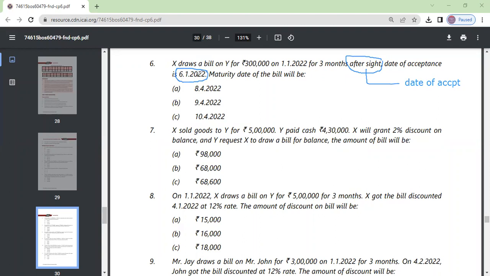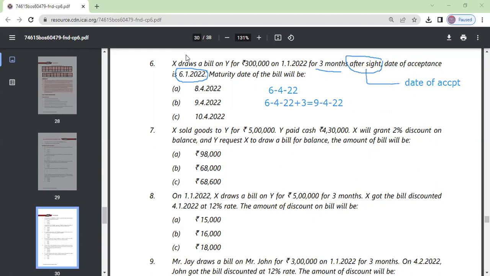So from this date, how many months? 3 months. What about due date? 6th January 2022 plus 3 months, that is 6th April 2022. What about maturity date? Add 3 days. 6th April 2022 plus 3 days, that is 6 plus 3, 9th April 2022.